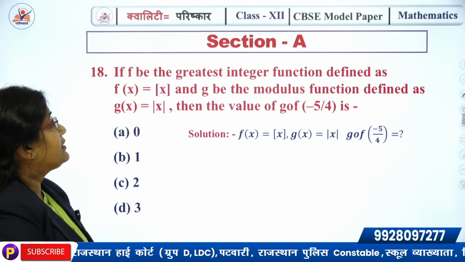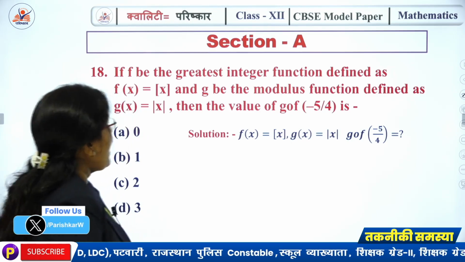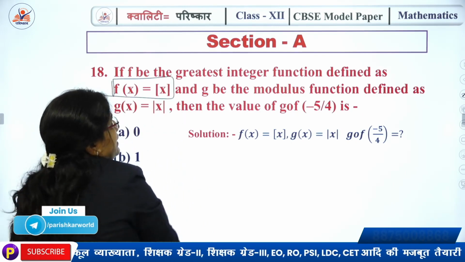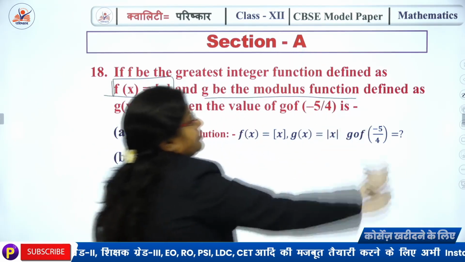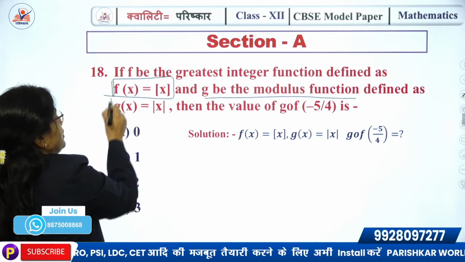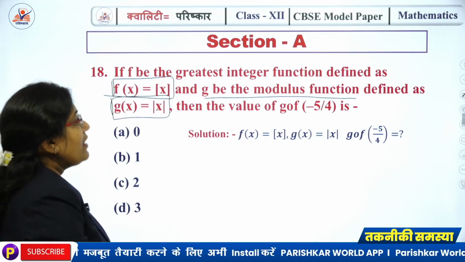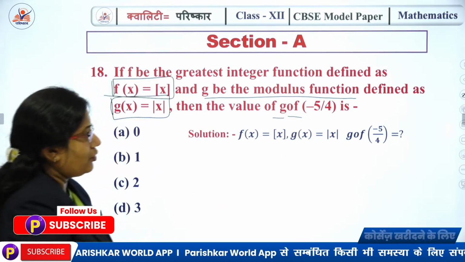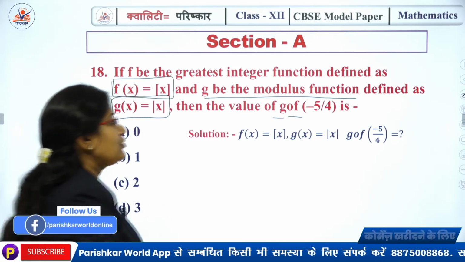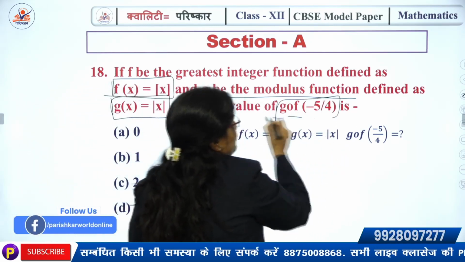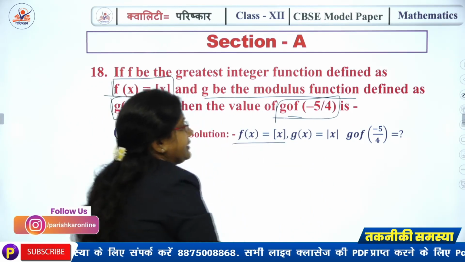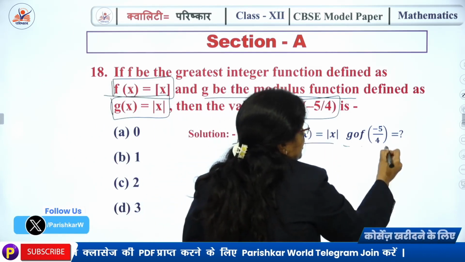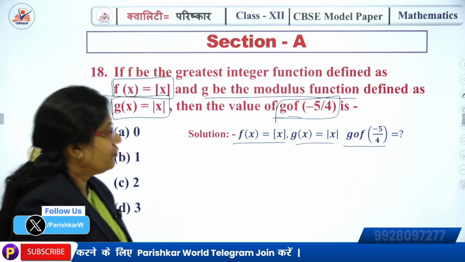If f is the greatest integer function defined as f(x) equals the greatest integer function of x, and g is the modulus function defined as g(x) equals modulus x, then we have to calculate the value of g composition f of minus 5 upon 4.